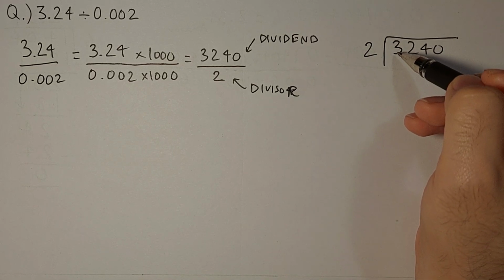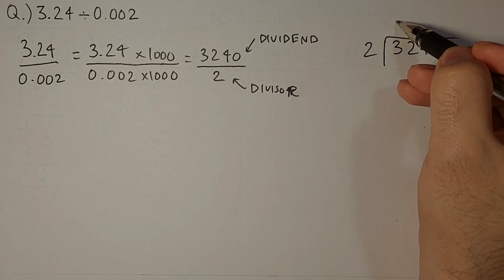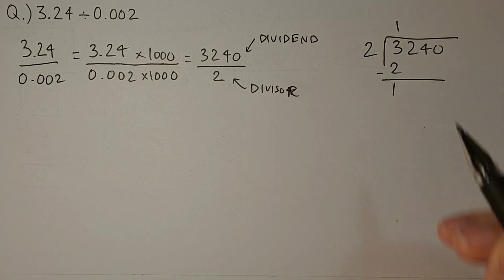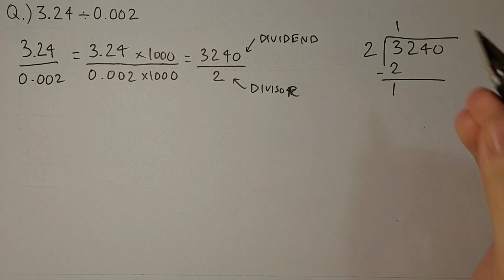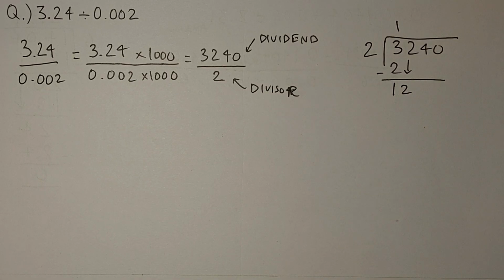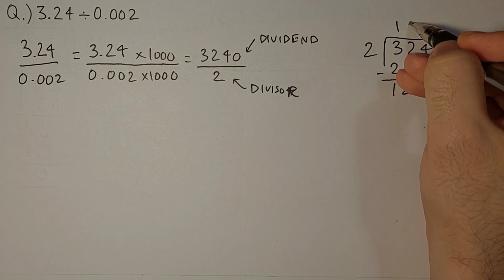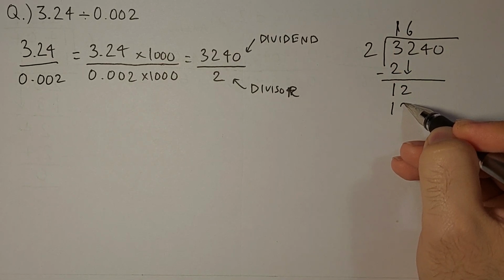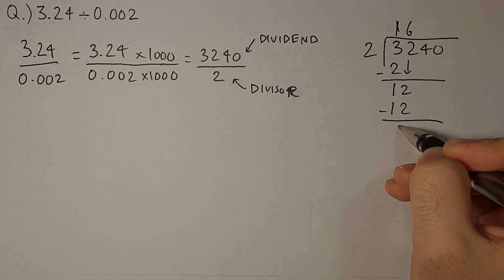We start with the first number. 2 times 1 is 2, which gives us a remainder of 1. We bring down this 2, this becomes 12. Now we can multiply 2 by 6. And this gives us 0.